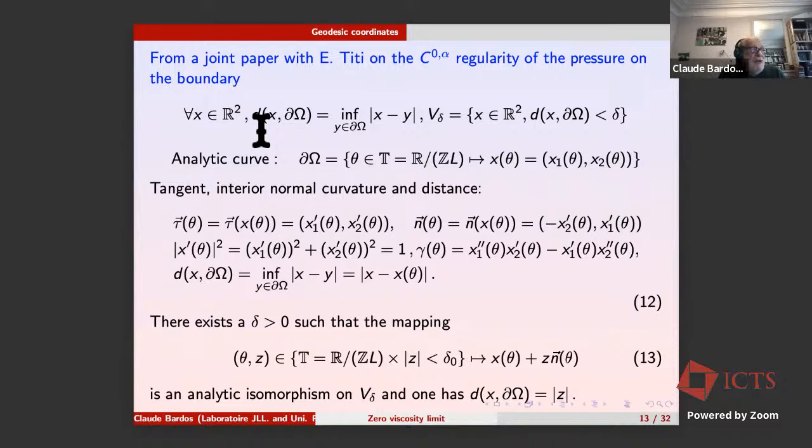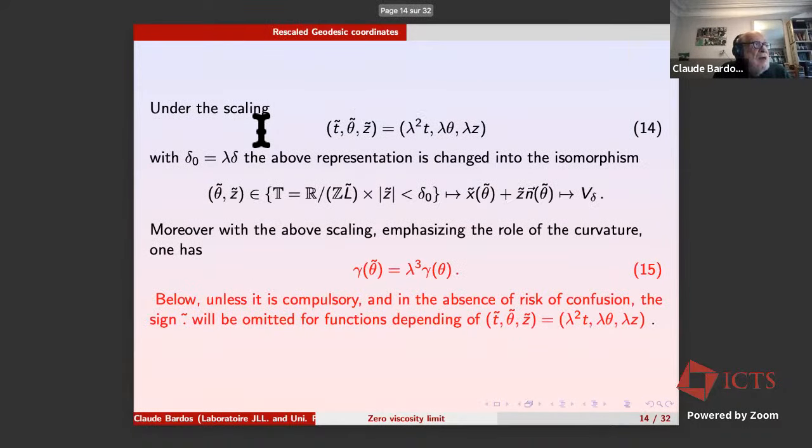And you have a very natural definition of the distance of x to omega, because if you are close enough, then you have only one point on the boundary, which gives the distance from x to d omega. And the consequence is that you have an analytic description of the neighborhood of the boundary, which I call V delta. It will be maybe easier, and I will need one more thing.